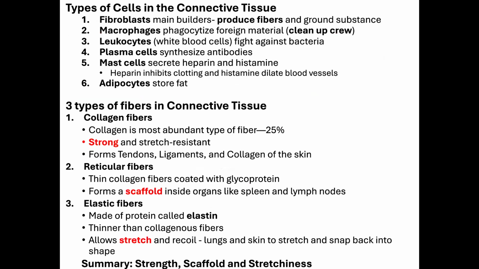So what are the types of cells in connective tissue? There are fibroblasts, macrophages, leukocytes, which are the white blood cells, plasma cells, mast cells. Mast cells are cells that secrete heparin, and they also secrete histamine.